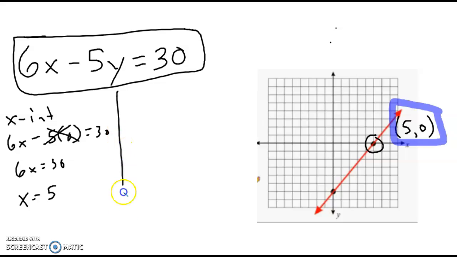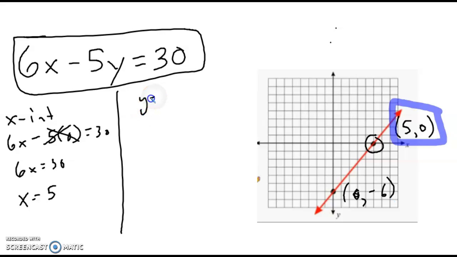We can do the same thing for our y-intercept. We could go ahead and count, and we know that the ordered pair is 0, -6. But how could we determine that if all we have is the equation? Well, our x value on the y-intercept is always going to be 0.